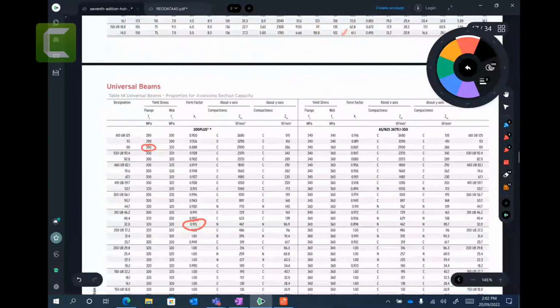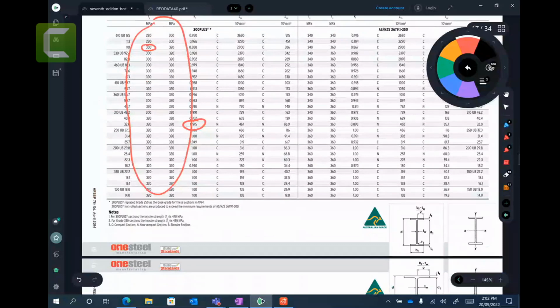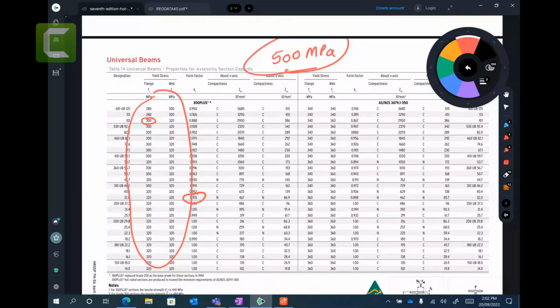What's that about? Sometimes all of these are grade 300. Sometimes you may get cross sections where you can buy 500 megapascal steel, universal beam and universal column. Not on these sections, but there are other suppliers from which you can purchase 500 megapascal. This is 300 megapascals.